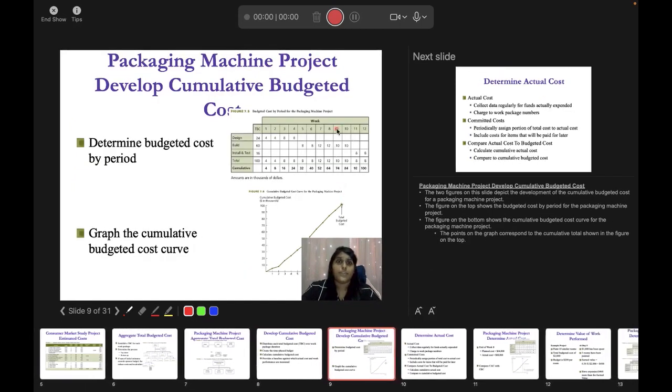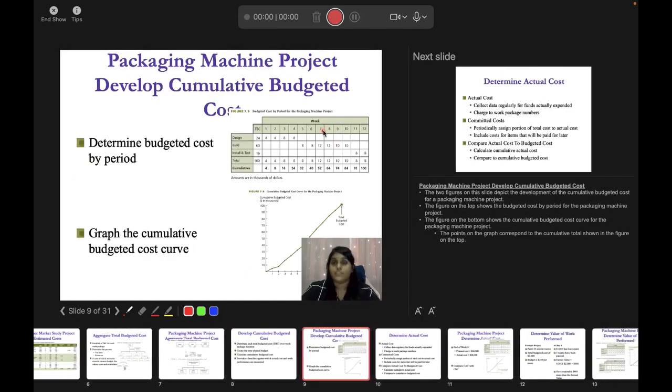So when you are figuring out a cumulative budget cost, when you are figuring out the actual and the total budgeted cost, you can use a periodic table. Okay, you can do it in a table based on period, right? The completion date, the activity, or the total duration of the project, and then you put in all the amounts for the individual cost, and then you multiply it out with the week.